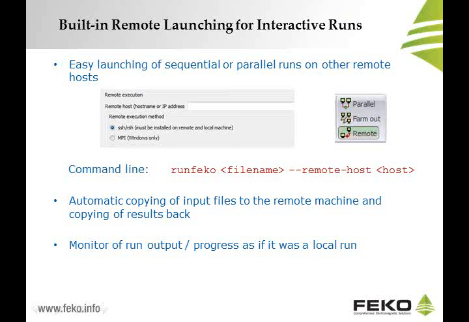This also takes care of automatically copying the files back and forth and launching the remote run. In particular, one can interactively monitor the progress and the standard out exactly as if it were a local run. There's no real difference.